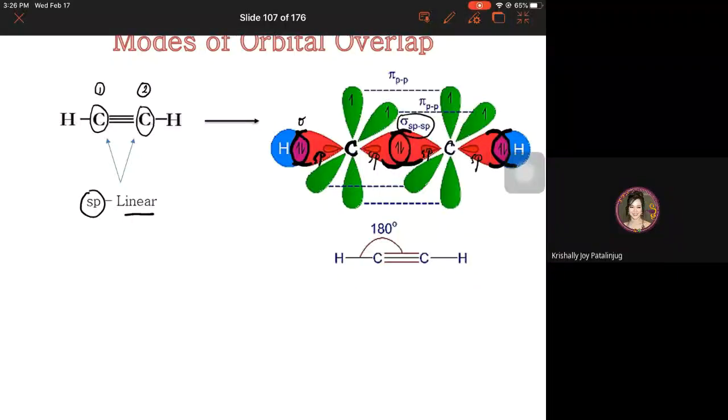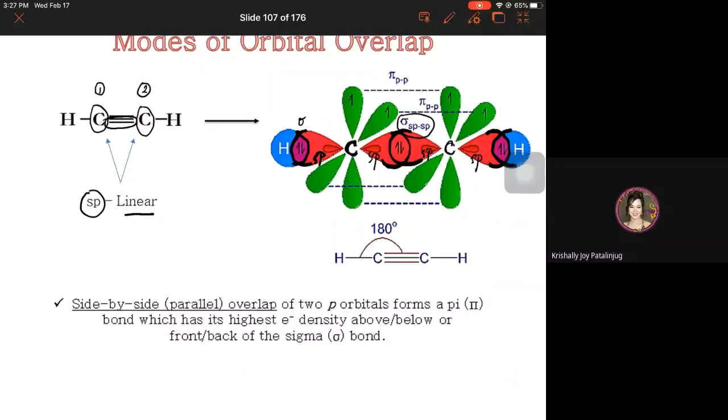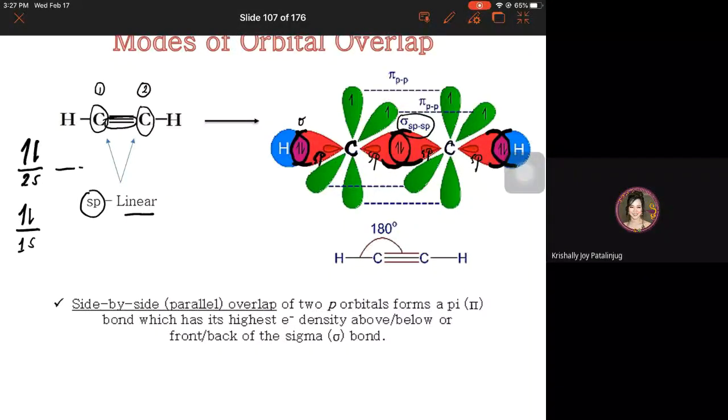Ngayon, etong remaining two bonds are actually formed via side-to-side overlap of p orbitals. Okay? Sige. So, yung nangyari dito is from the electron distribution of an isolated carbon atom, diba? From this distribution, ito yung isolated carbon atom.